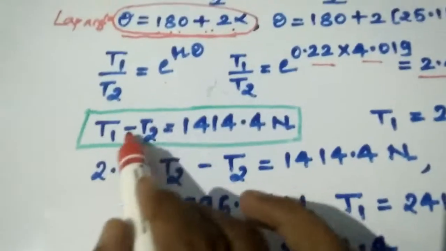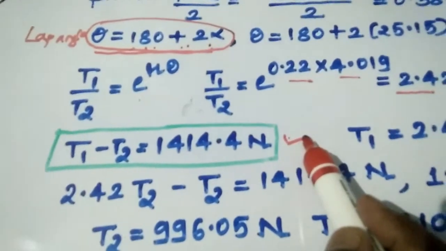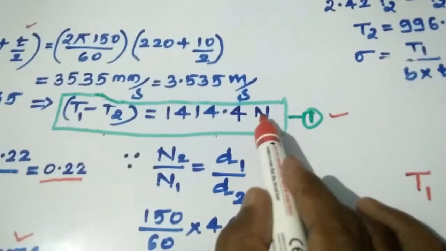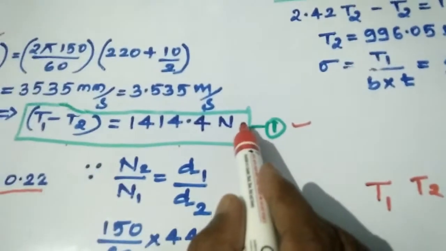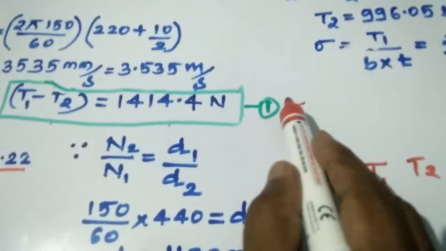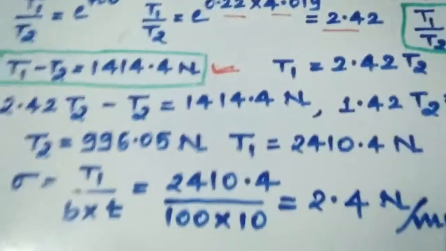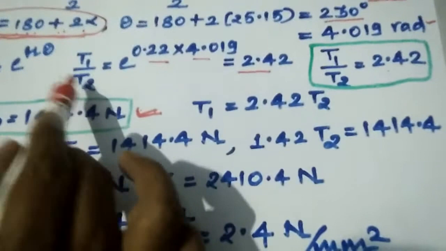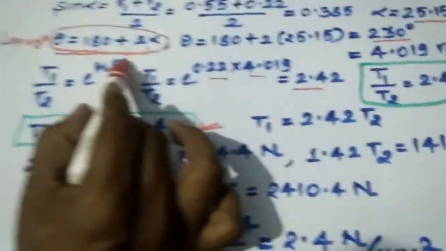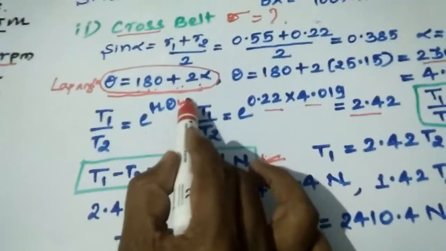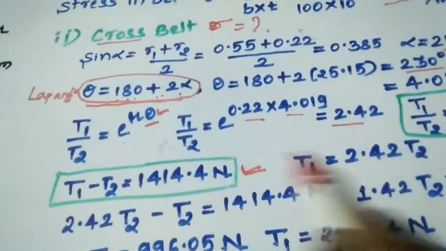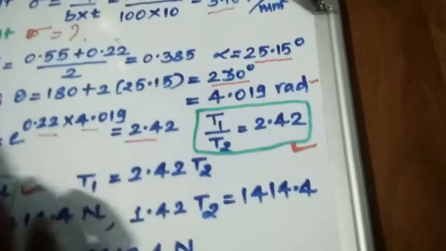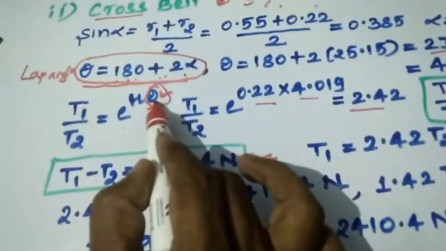Then from the previous power equation, you have to take this power equation, because the velocity will not change. This equation is the same for the cross belt also. The T1 and T2 relation varies because theta varies, so the second equation changes from the open belt to the cross belt.